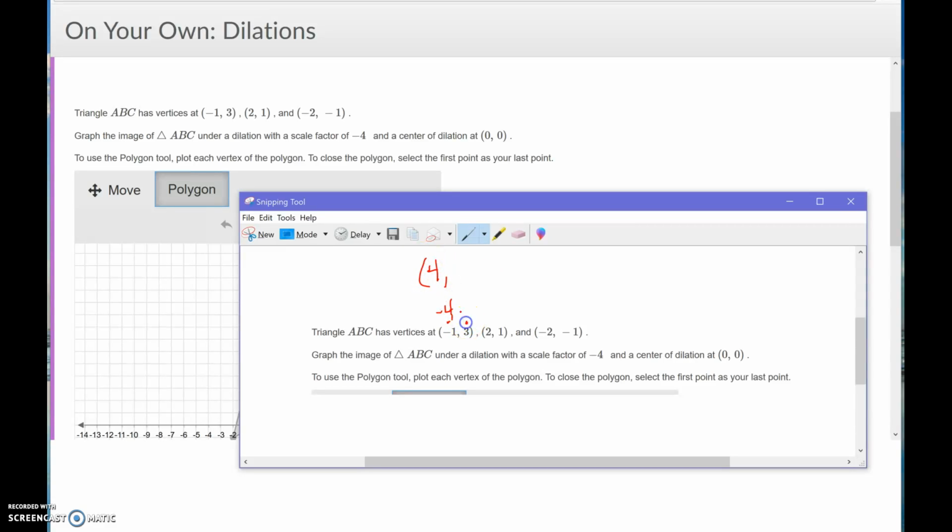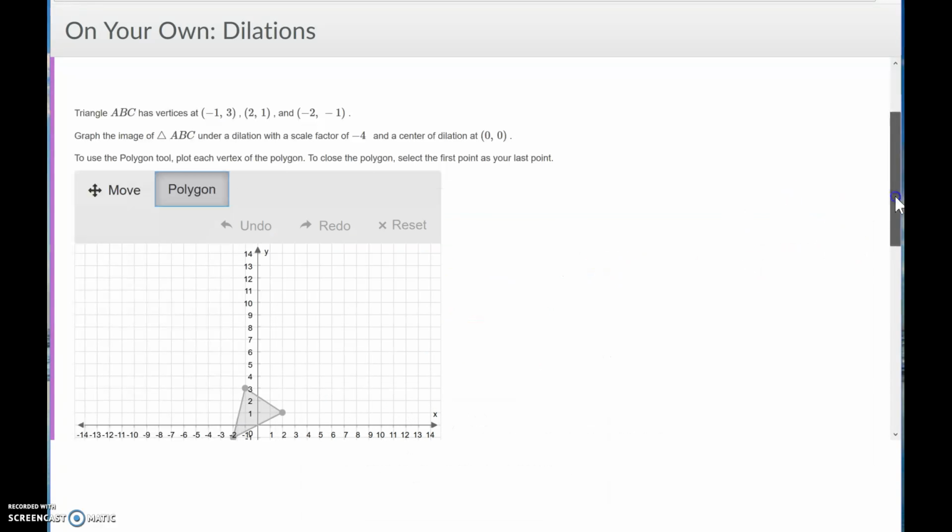And 3 times -4 is -12. 2 times -4 is -8. 1 times -4 is -4. -2 times -4 is +8. And -1 times -4 is +4. So our first coordinate is 4, -12.